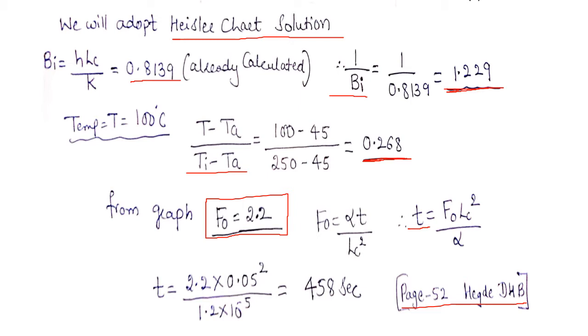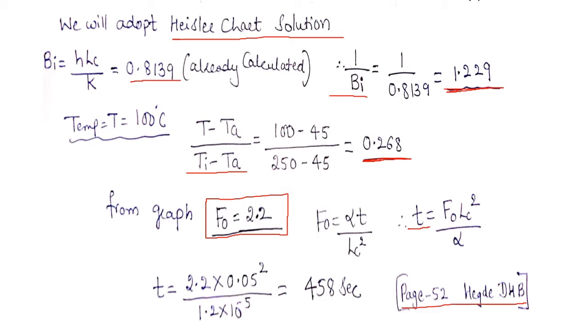I will tell you now how we have got this Fourier number as 2.2. This as usual we have calculated by using the formula. Only this Fourier number is equal to 2.2. This value we have already calculated from the graph. Now I will show you how we have calculated it.